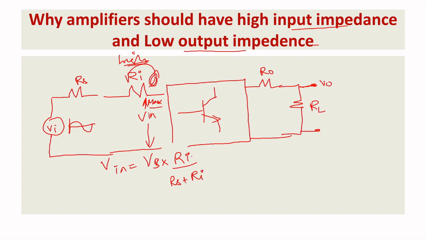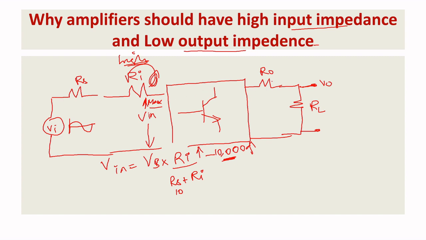If this is large, like 10,000 if you take, and this is something like 10 R, so this value will be very large. So it will be dominant. So here you achieve a condition where the maximum amount will be reaching the input of the circuit, compared with your input signal. Okay, so that is the concept we want to know.